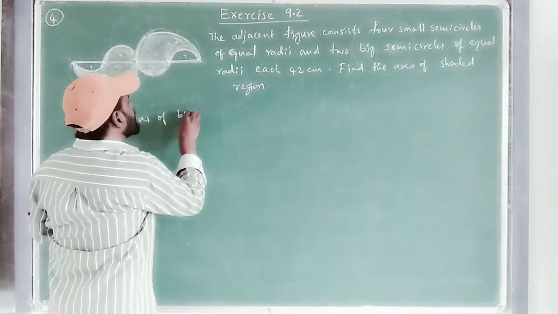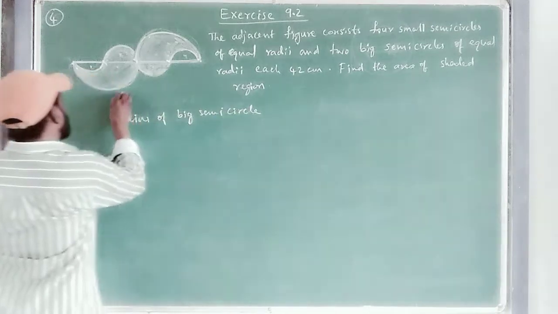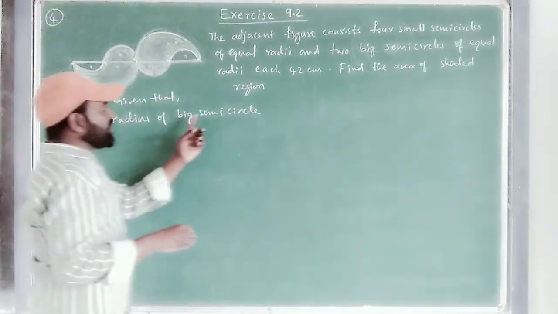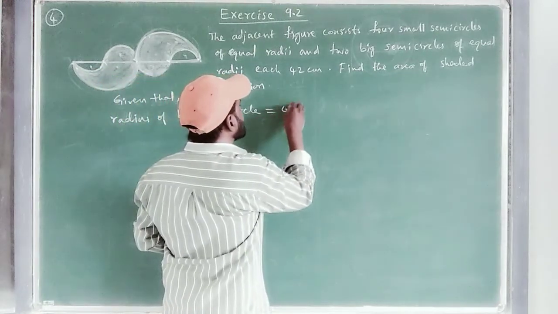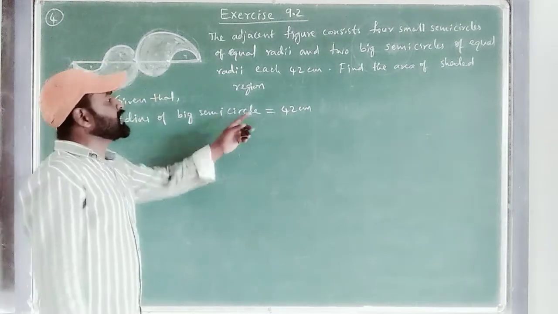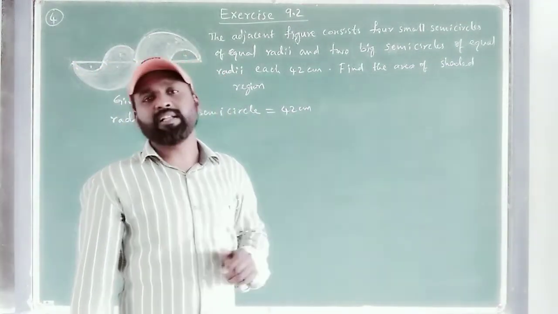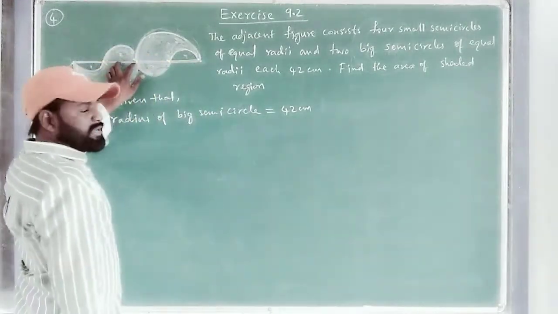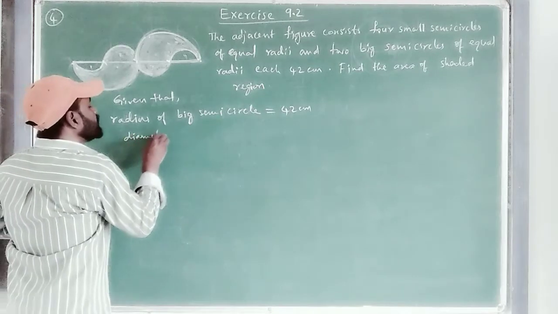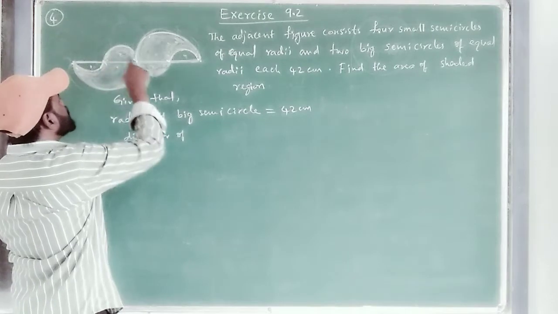So the radius of the big semicircle, which is given, is equal to 42 centimeters. This is nothing but equal to the diameter of the small semicircle. So it is the diameter, right? The diameters of the small semicircles, how many are there? 1, 2, 3, 4.